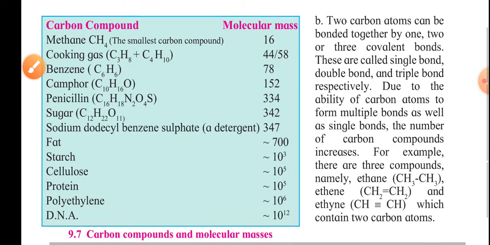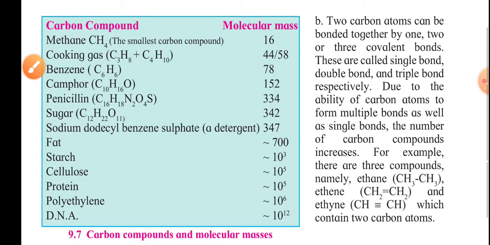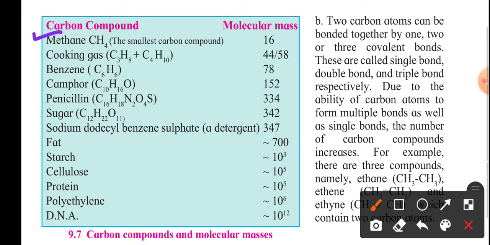Further, when we talk about carbon compounds, you can see over here that methane, CH4, has a molecular mass of 16, benzene has 78, penicillin has 334, cellulose has almost 10 raised to 5, and DNA has almost 10 raised to 12 as a molecular mass.